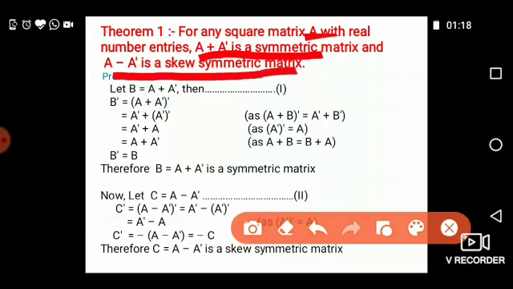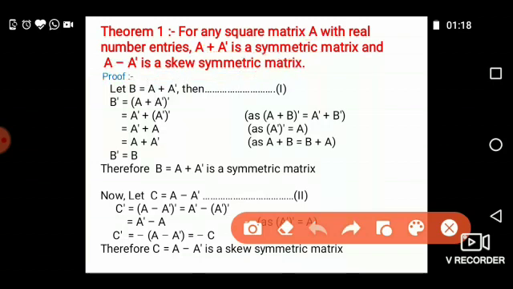In this problem there are 2 questions. First, you have to prove A plus A dash is symmetric and A minus A dash is skew symmetric. Let me begin with: we have been given A is a square matrix.